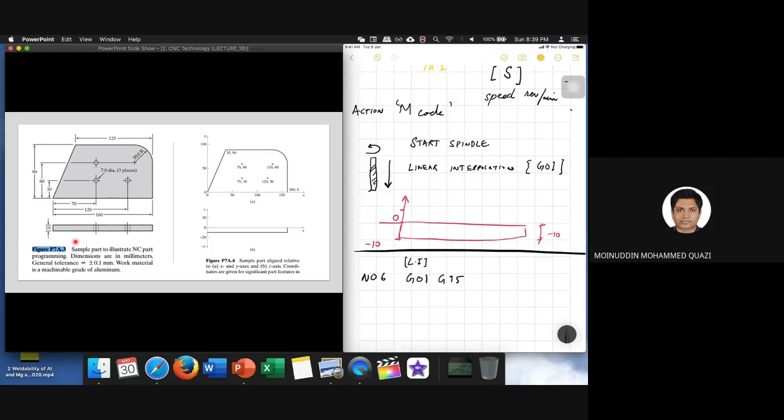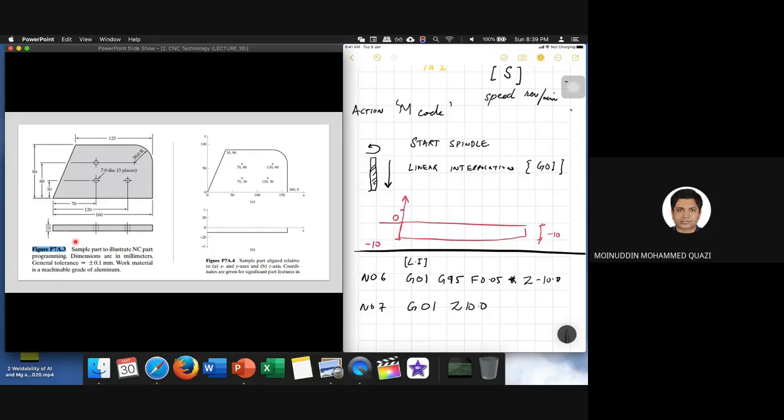We have to specify feed again and again for every drilling because feed means the drilling process. Then F0.05. Then X is nothing, only Z. Z -10. Now it has gone down. Now we need to move back again. So N07, G01, move back, Z10.0.